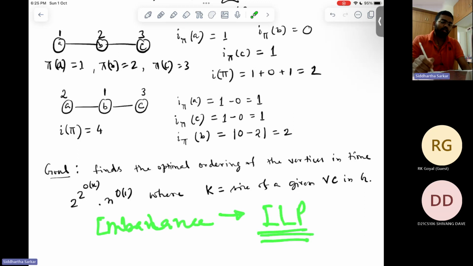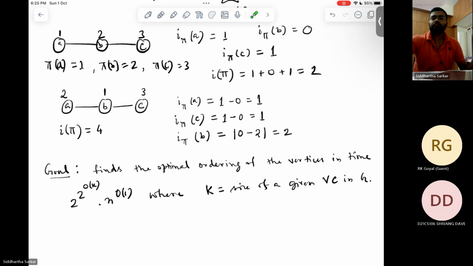And if we can formulate an integer linear program, there is a theorem which says that an integer linear program instance of size L with p variables is fixed parameter tractable.